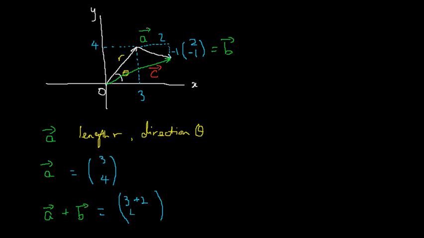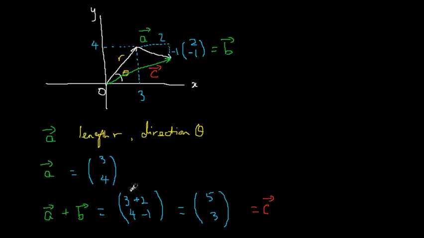So that's 4 minus 1. And once we have this, we can quickly find the answer. 3 plus 2 is 5, and 4 minus 1 is 3. So there we have our C. That's actually C: 5 units to the right, 3 units upwards.